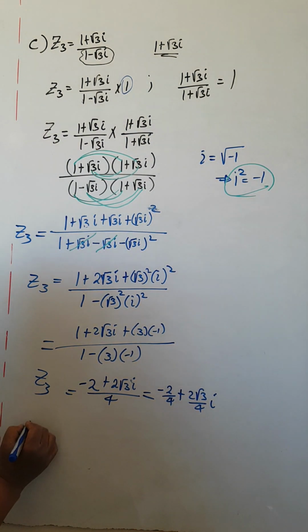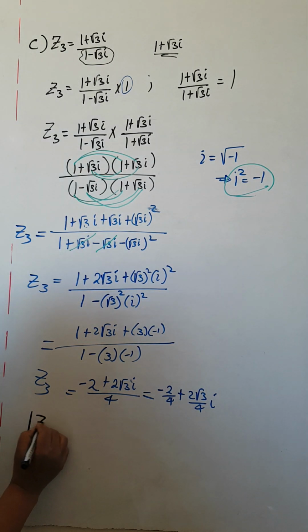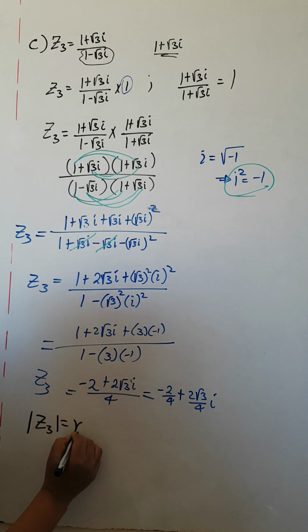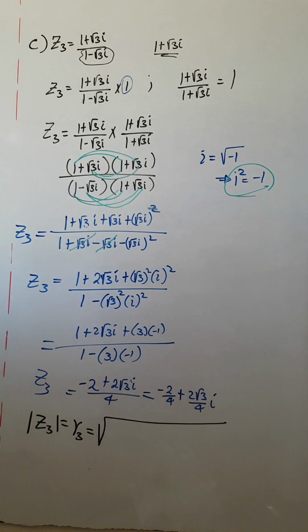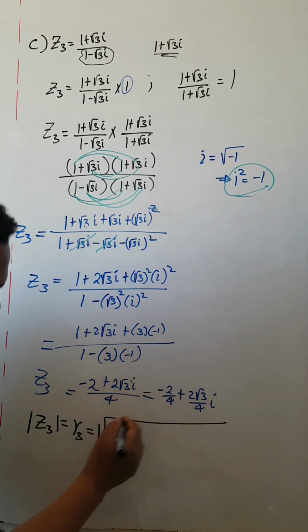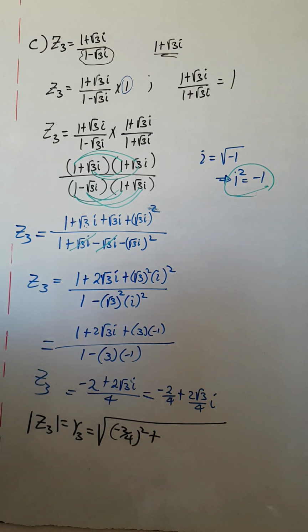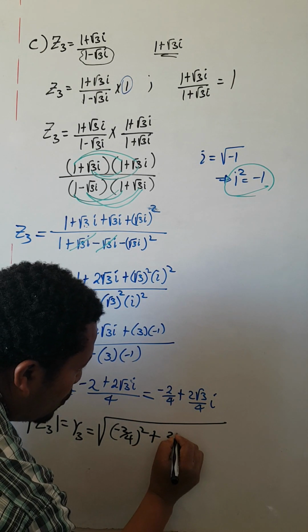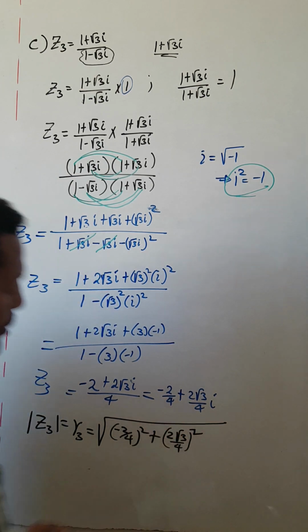So the modulus of Z3, which is equal to R3, is equal to the square root of the real part squared, (negative 2 over 4) squared, plus the imaginary part squared, (2√3 over 4) squared.